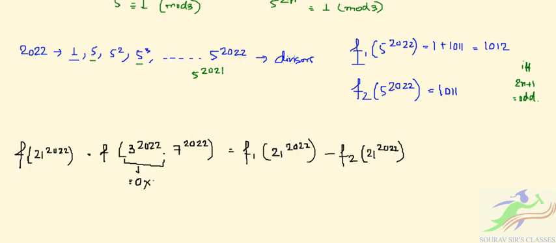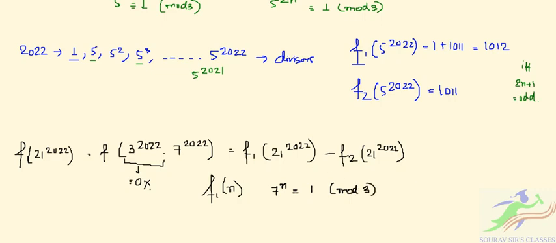So from here you can see that f1 of n is 7 to the power n, which is 1 congruent mod 3.